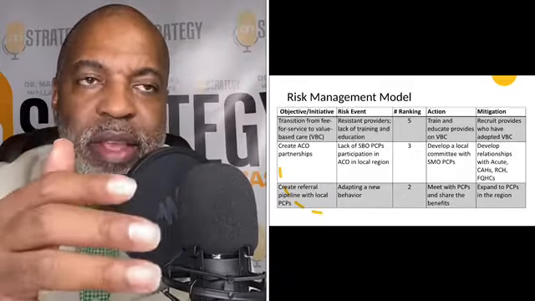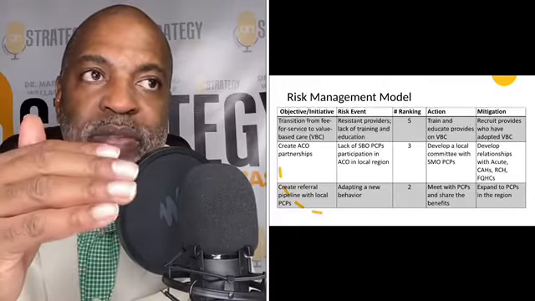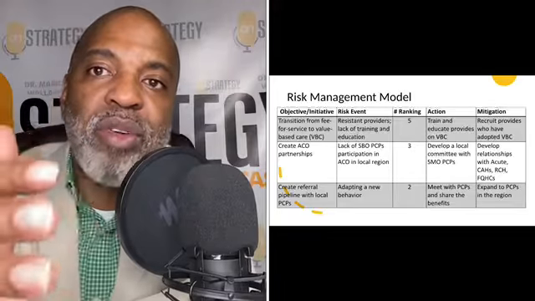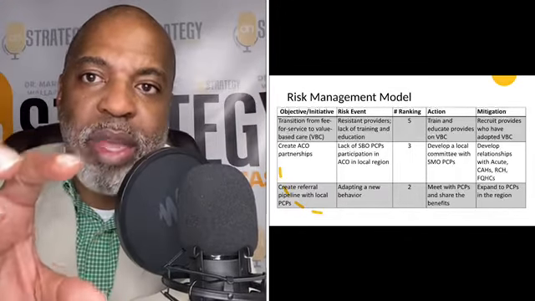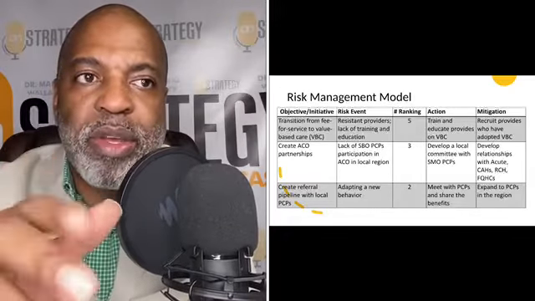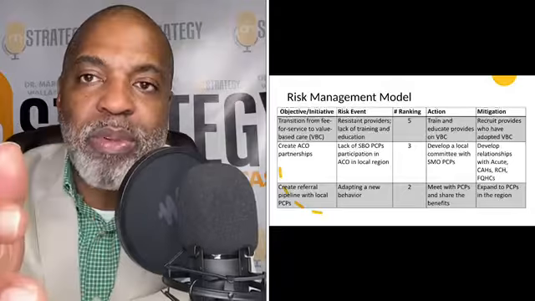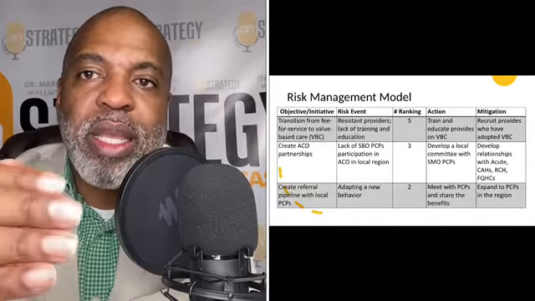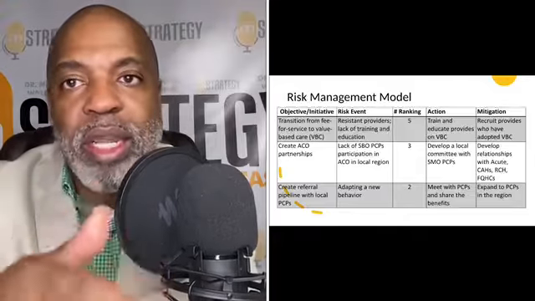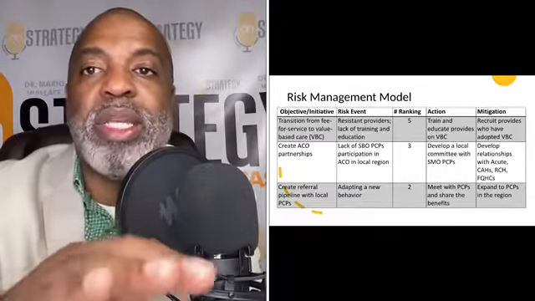If that's the case, there's definitely risk, because if the strategy is hinged on the transition, and the revenue will come from the value-based care model as we transition for reimbursement from the federal government, then we definitely have to provide some type of training, some type of education.